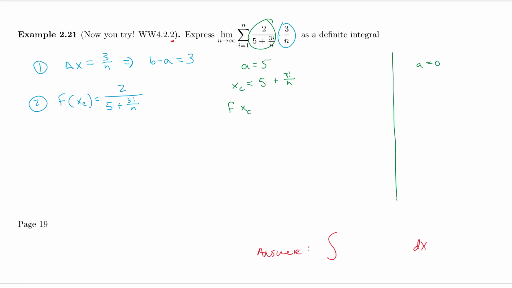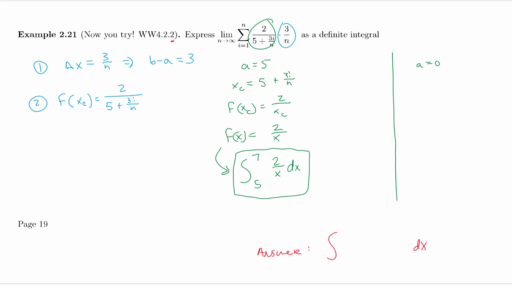And therefore, f of x sub i is equal to 2 over x sub i, because we can directly substitute the entire denominator, which tells us that our function here is 2 over x, and that tells us that our integral is from 5 to 8 of 2 over x dx. So that's one possible answer.